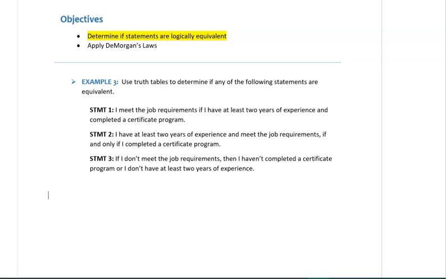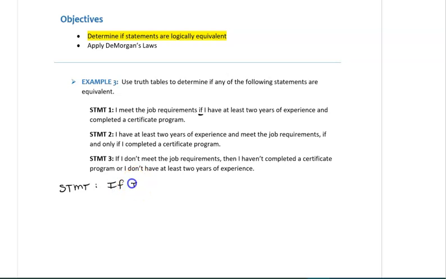Notice that the first statement, we can rewrite it as an if-then statement. The if part appears in the middle of the statement, and it might be better to rewrite this in a different way, in an equivalent way. So I'm going to write it as an if-then.